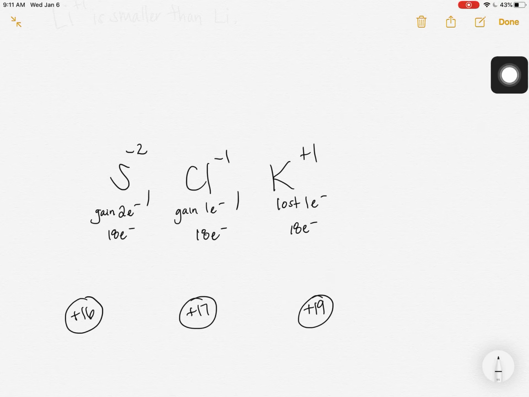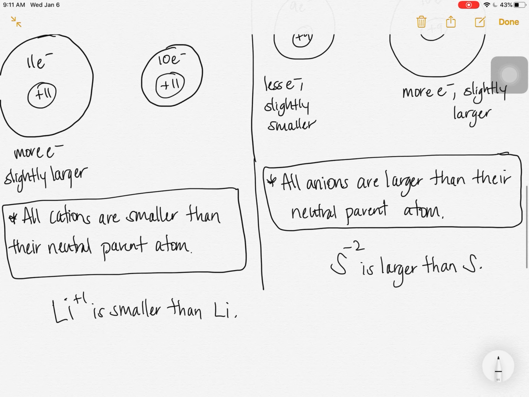So what's interesting is that these all have 18 electrons. They have the same number of electrons. So if I were to draw my pictures, this time I'm talking about the protons in the nucleus pulling on the same number of electrons. So this is kind of reverse to what I just talked about up here.